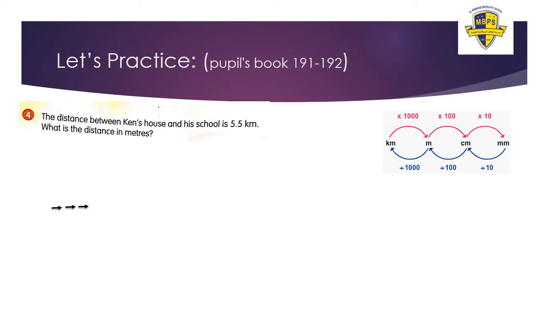The third example. This is example 4 in your book. The distance between Ken's house and his school is 5.5 kilometers. What is the distance in meters? So from kilometer to meter, big to small, multiply.